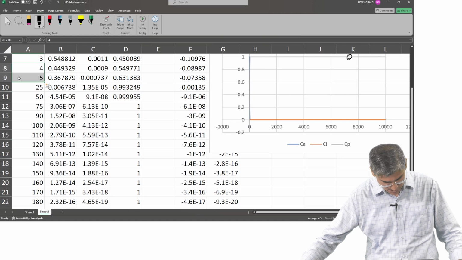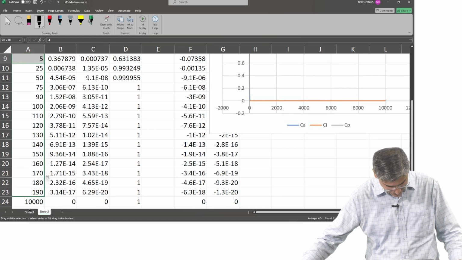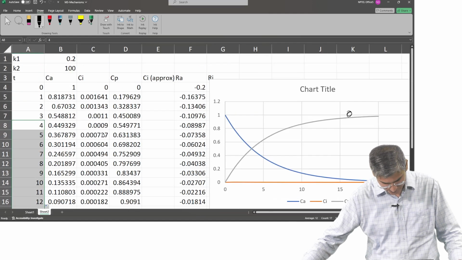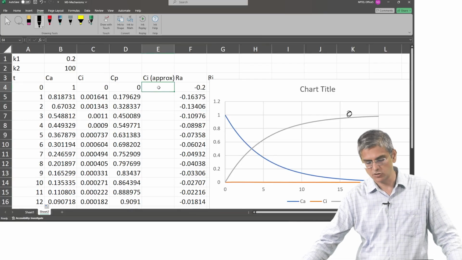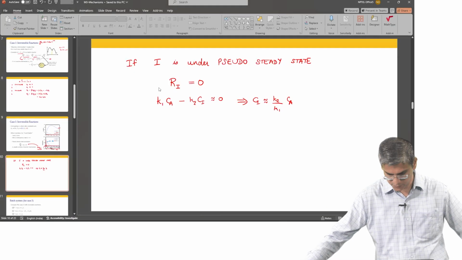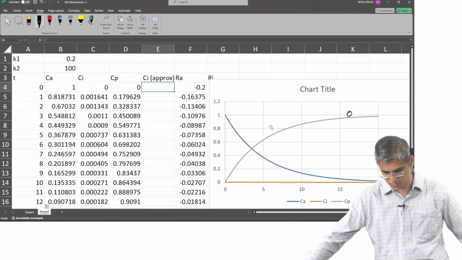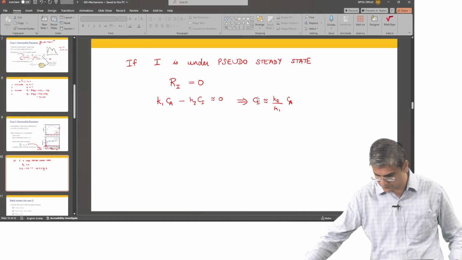Let us just make this more reasonable. What is Ci approximation? Ci approximation is K1 by K2, right.